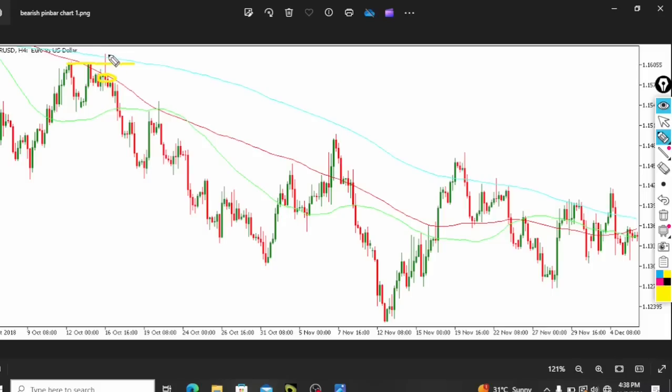You can see the pin bar clearly. Immediately it forms, there was no two ways about it. The move began to take place towards the downside, as we have already explained.